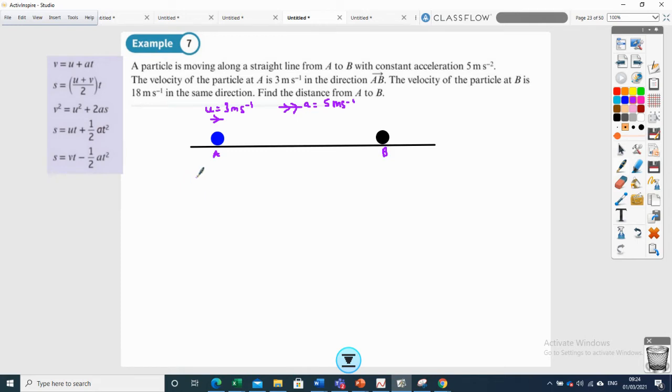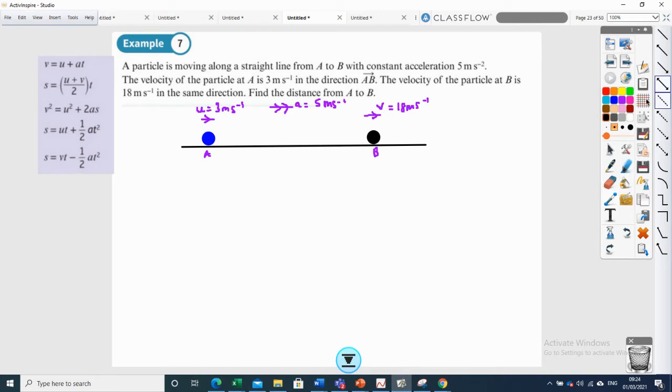The velocity at B is 18, the final velocity. Find the distance from A to B. So we're interested in this distance here.